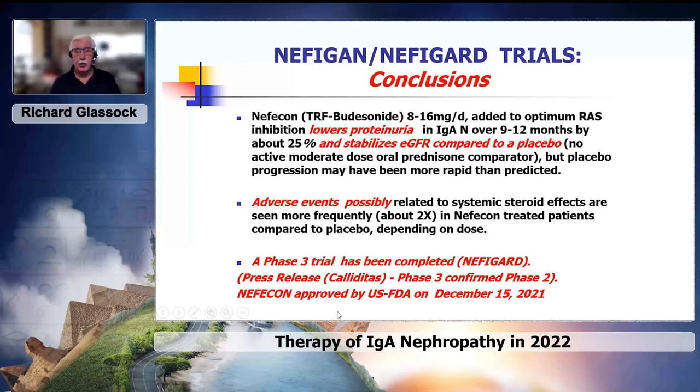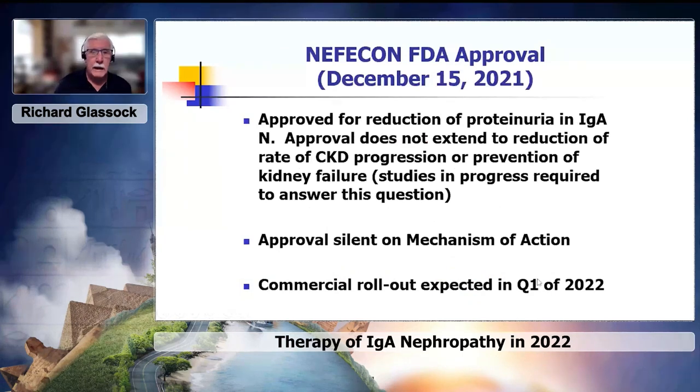On the basis of this data, Nefecon has been approved by the U.S. Food and Drug Administration as of December 15, 2021, the first drug ever approved by the FDA specifically for the treatment of IgA nephropathy. However, the approval for use of this drug in IgA nephropathy is limited to the reduction of proteinuria.